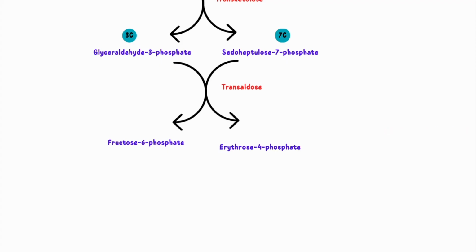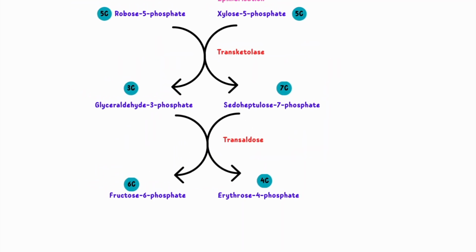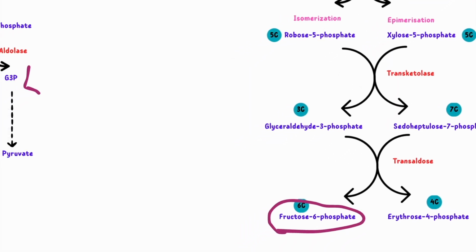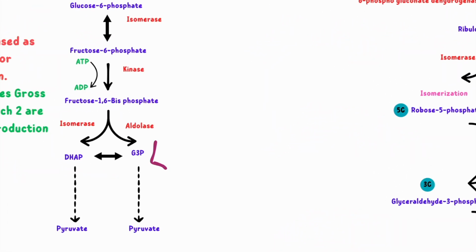This forms two more molecules, fructose 6-phosphate and erythrose 4-phosphate. Fructose 6-phosphate has 6 carbons and erythrose 4-phosphate has 4 carbons. This fructose 6-phosphate can enter into glycolysis or it can continue the pentose phosphate pathway depending upon the requirement.